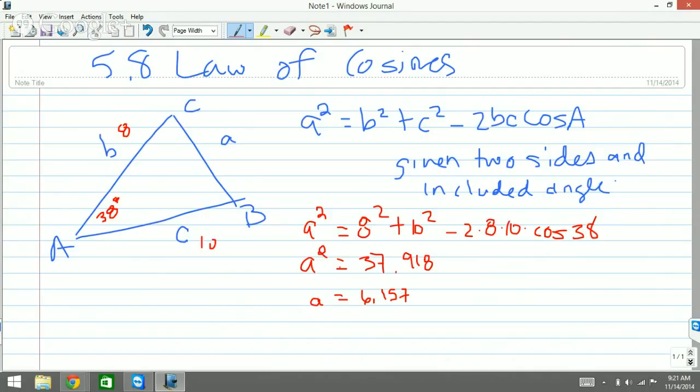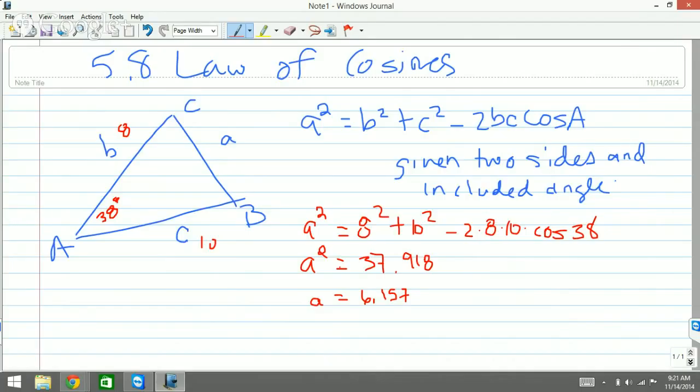On the back side, you multiply 2 times B times C times cosine A. Jared brought up that the other two versions of this formula are in your book on page 327, if you want to look them up.